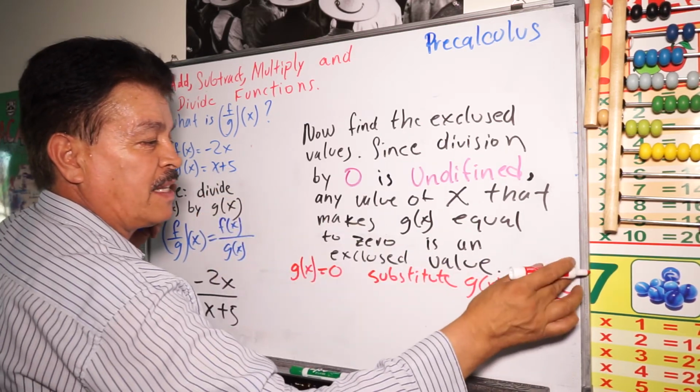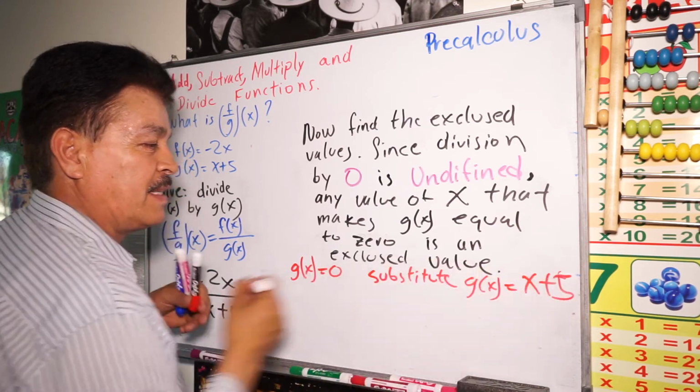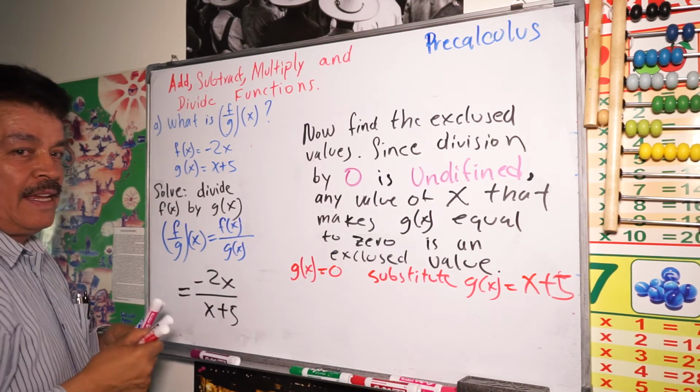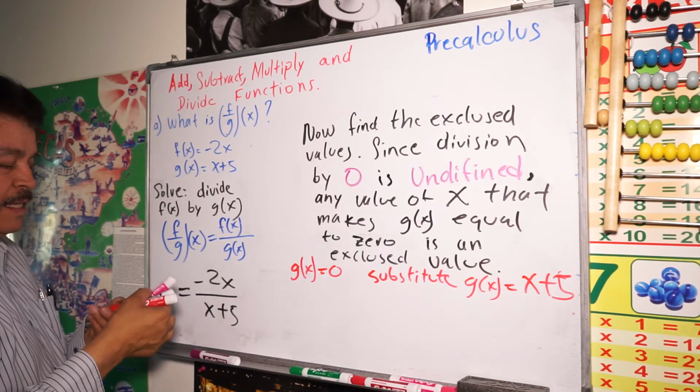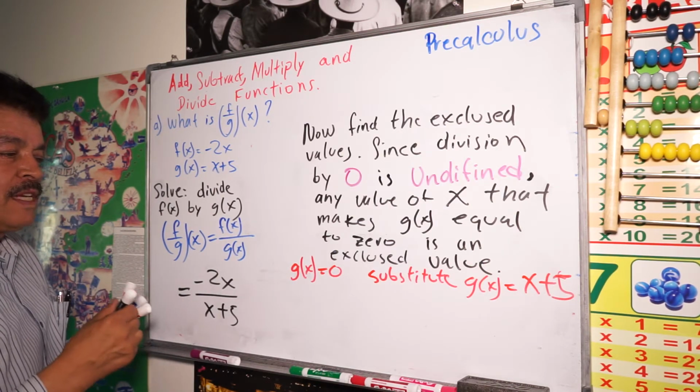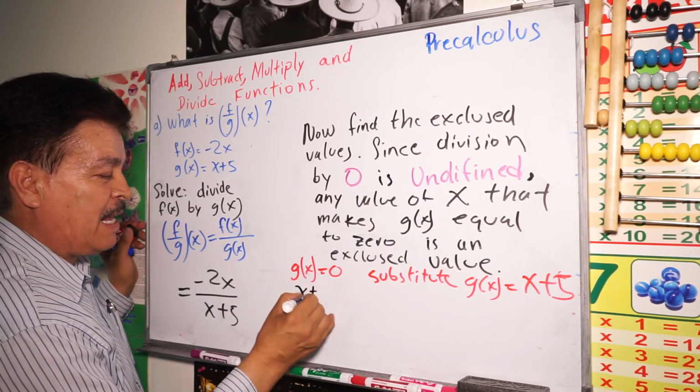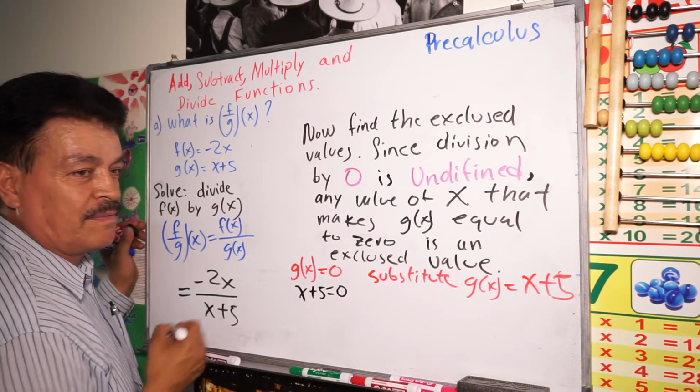See the step? Please check it. Now, what is the answer? You substitute, and you have x plus 5 equals 0.